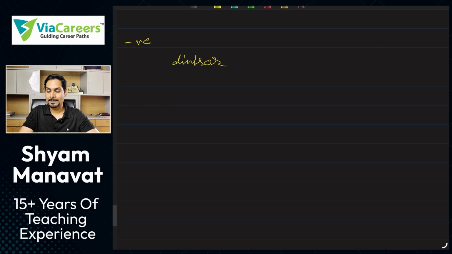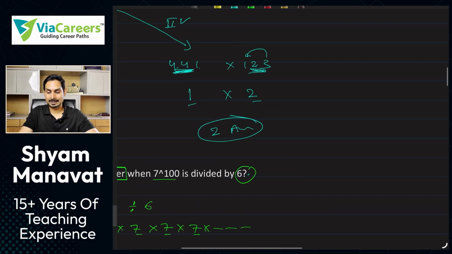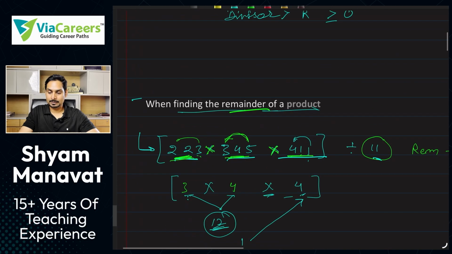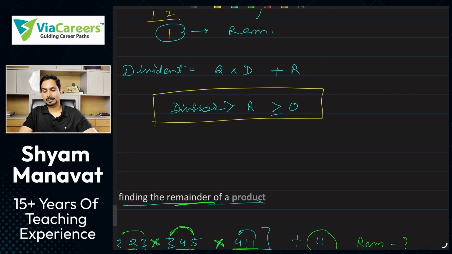So if I take the divisor as 6 and I get remainder as 5, that's how the remainder should be, because the remainder has to be more than or equal to 0 and less than the divisor. It cannot be less than 0, it can't be equal to the divisor or more than the divisor. This is what remainder means, okay?